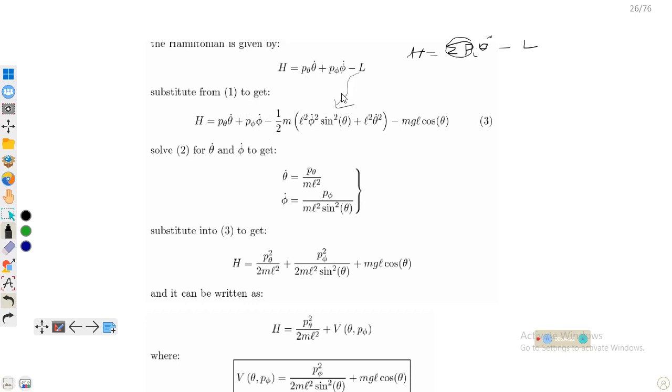We will plug in the value of the Lagrangian, and then we can put in the values of theta dot and phi dot as we found in the previous step, and plug into this equation.